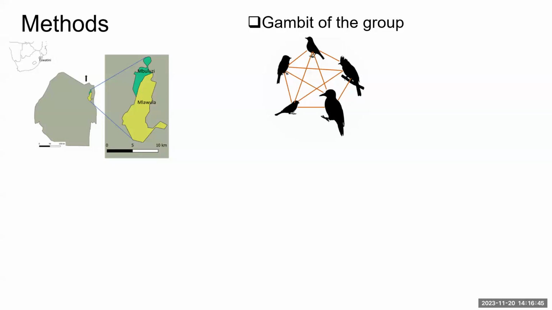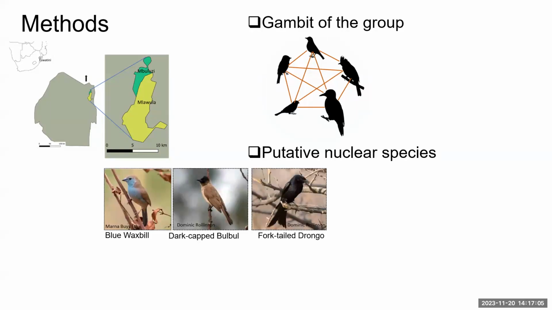After a few months of doing that, we wanted to figure out who usually dominates these mixed species flocks. The idea there is that if you are found in mixed species flocks most of the time, you might be an important species. For example, you might be a nuclear species. We found that these 3 species, the blue waxbill, dark-capped bulbul, and fork-tailed drongo, were very common in our flocking community.